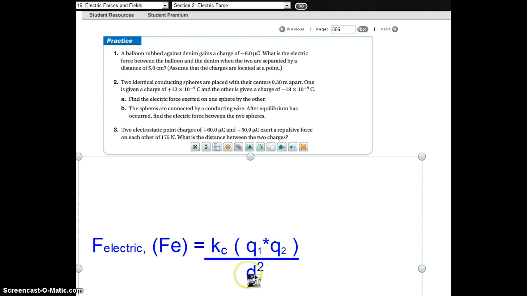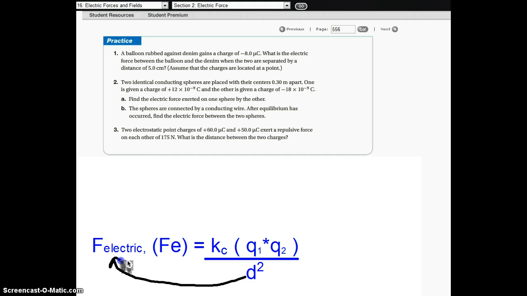Now to solve for distance, remember you're going to have to multiply your distance squared over. You're going to have to divide by the force, and when it's all said and done, you're going to take a big old square root of everything you have hanging out over here, and that should give you the distance between them.